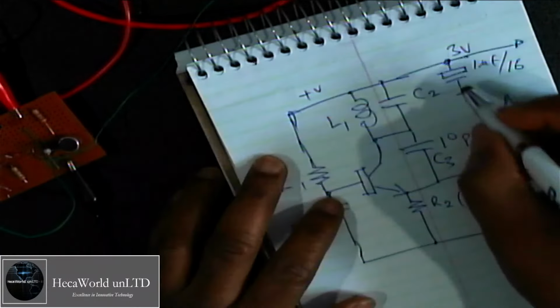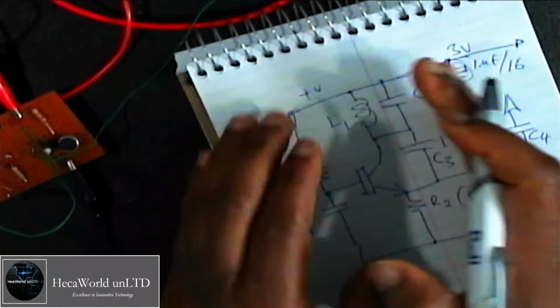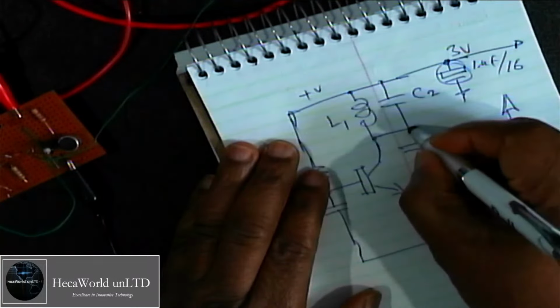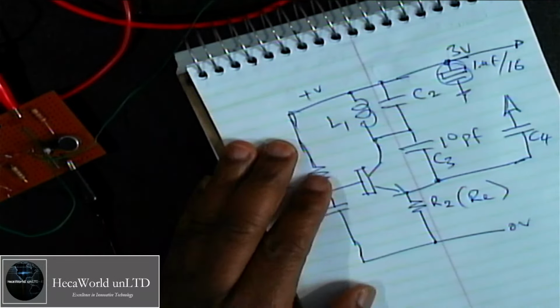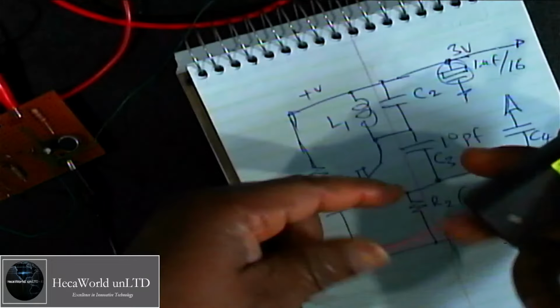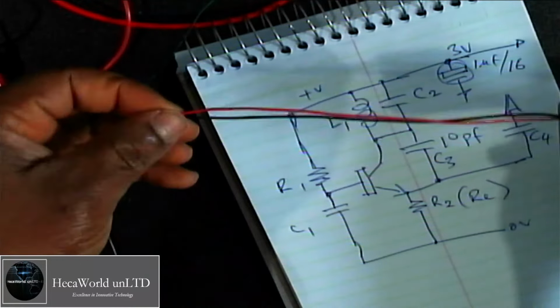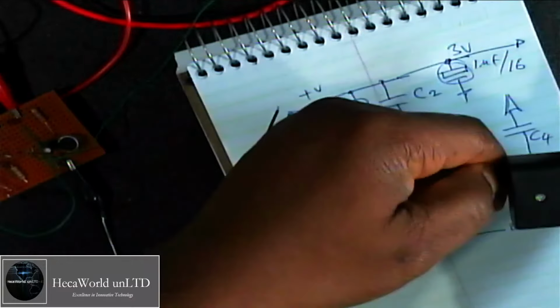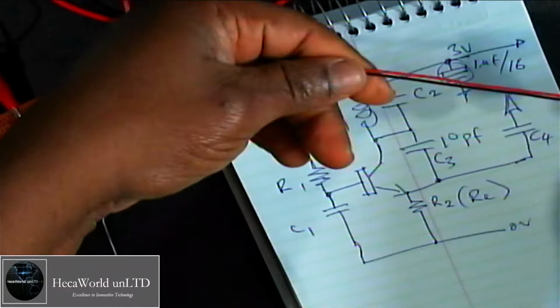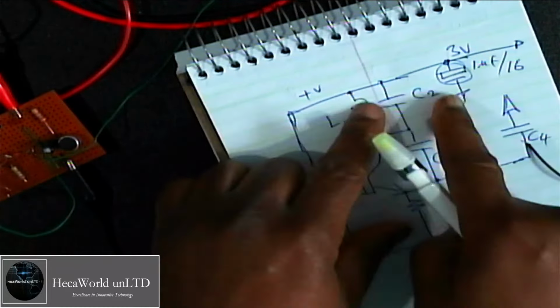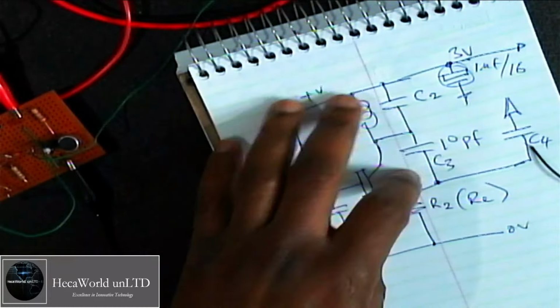Remember, this capacitor must be as close to the transmitter as possible. If the power supply is connected from an external source, or maybe coming from a USB source, and you have some wires going from the power supply all the way to the transmitter, you want the capacitor to be the closest to the transmitter as it could be.